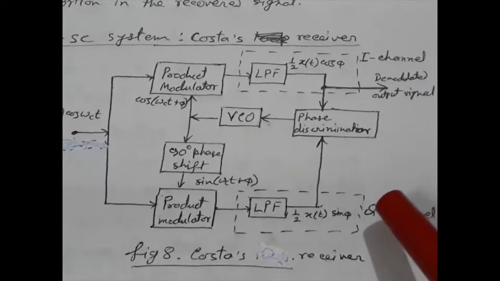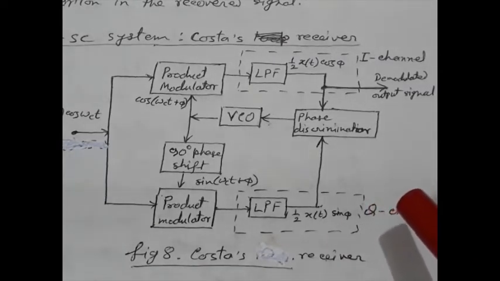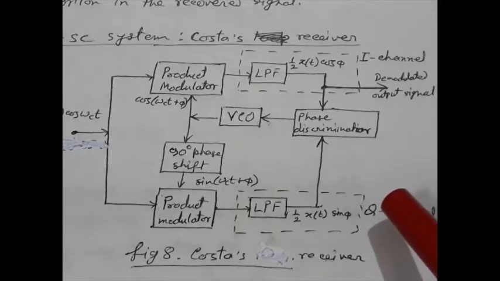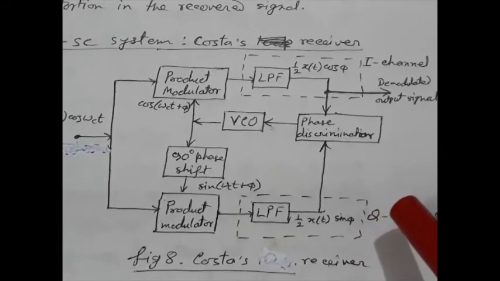Thus the output of this Q channel is proportional to phi, and it would have a polarity same as the I channel for one direction of phase shift in the local oscillator, whereas the polarity would be opposite to the I channel for the other direction of phase shift.